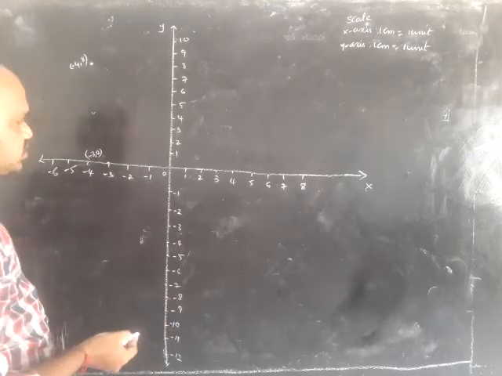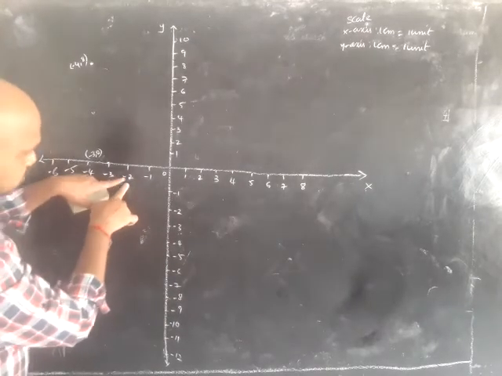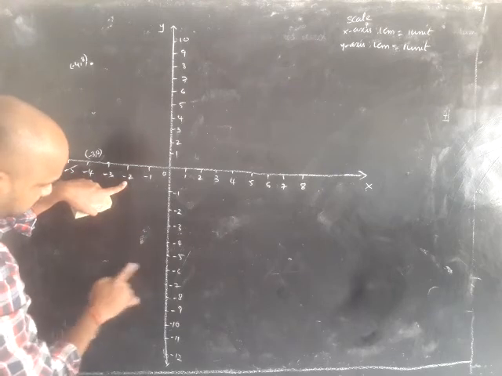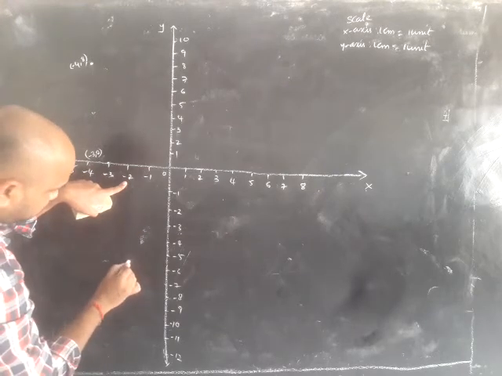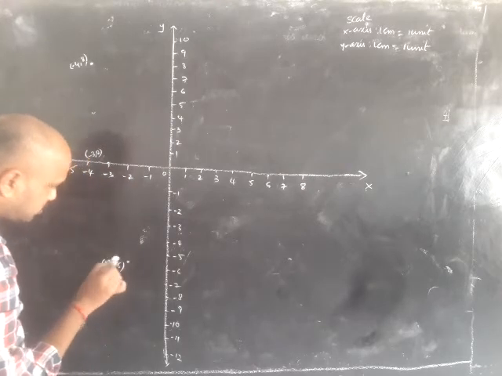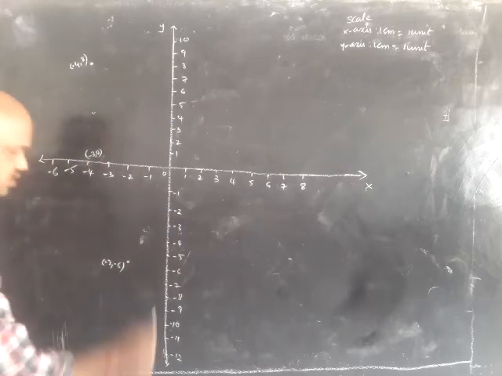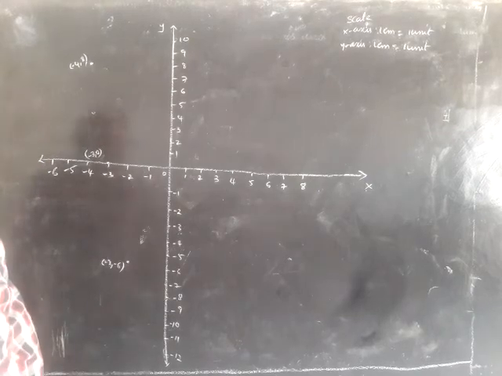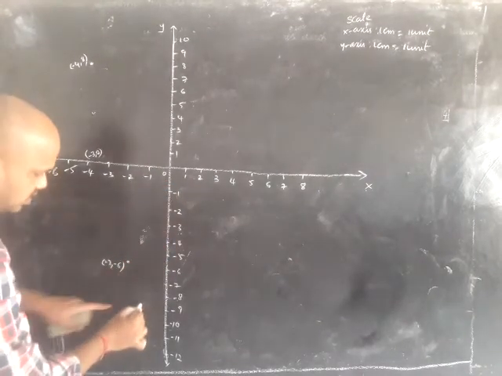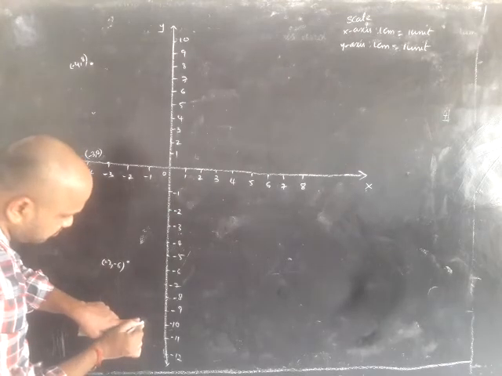Next point is minus 2 comma minus 6. Minus 2 is here, minus 6 is here. The point will come here. Next point is minus 1 comma minus 10. Minus 1 is here, so minus 10 will come here.